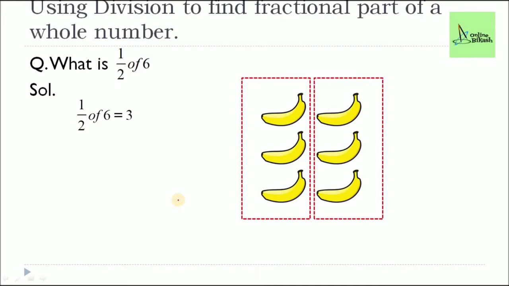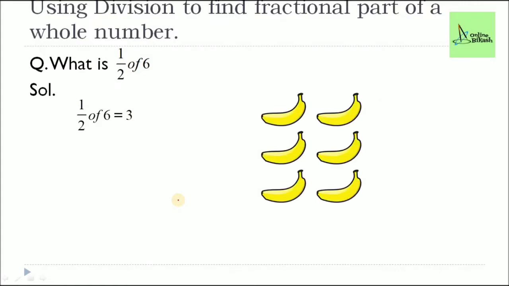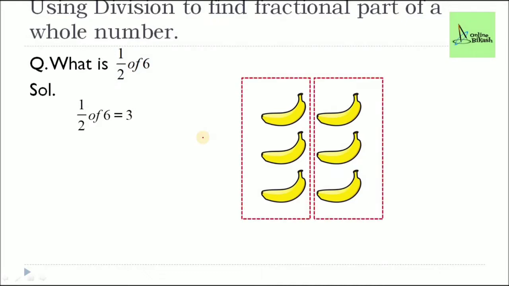Understood? So again I am repeating what we did. First we took 6 bananas because we are going to take the 1 by 2 of 6 bananas. And 1 by 2 means what? The denominator is 2 here. This is called the denominator. So we will group them into 2 groups like this. 2 groups I have made.